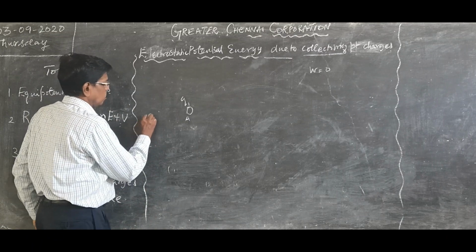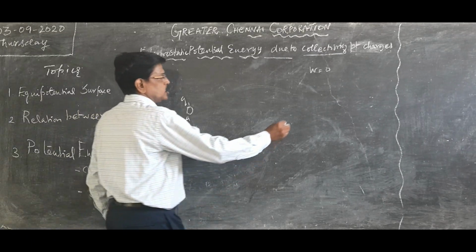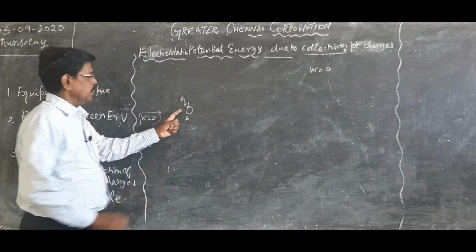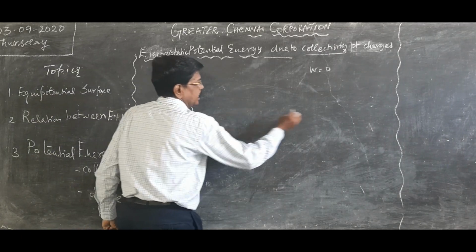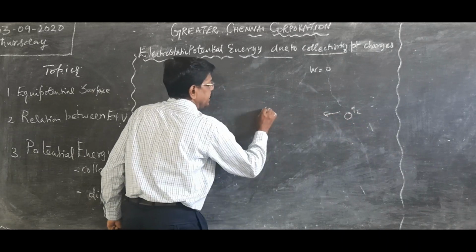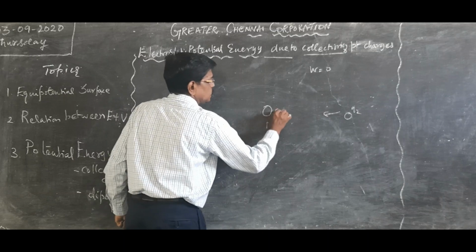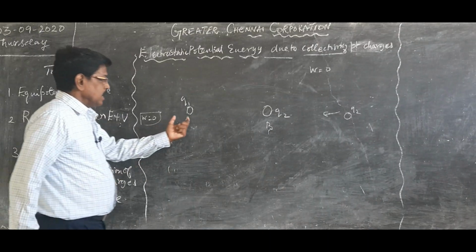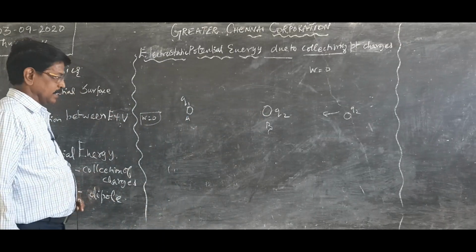Then this charge produces a potential, say V. In this potential, another charge Q2 is brought and placed at point B. When it is placed at B, between the two charges there exists a potential energy.